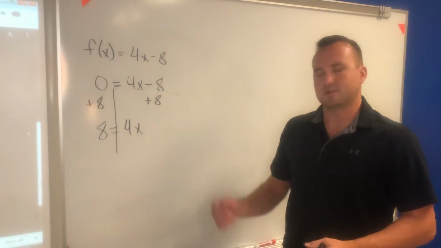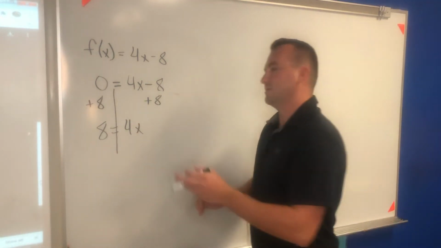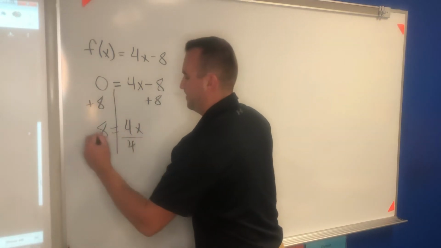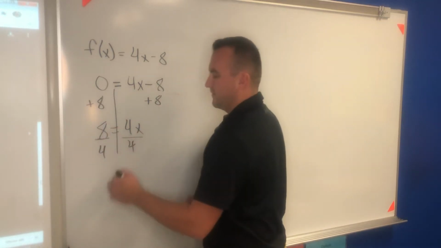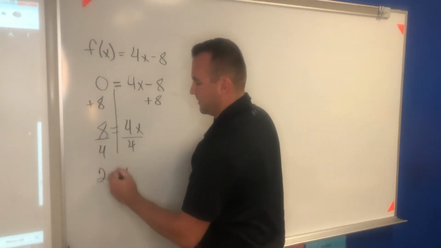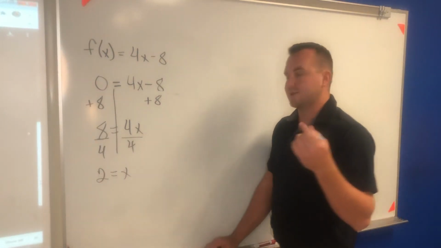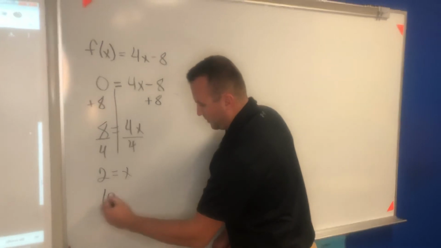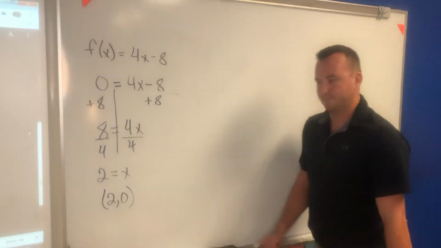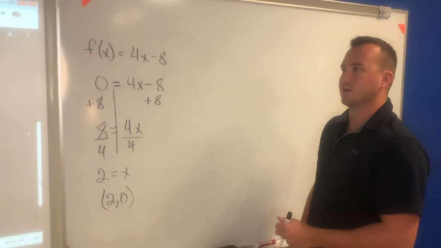When 4 and x are together like this, they're multiplying, so we divide. 8 divided by 4 is 2. X is equal to 2. My x-intercept, though, would be 2, 0. Gotta write it as a coordinate pair.